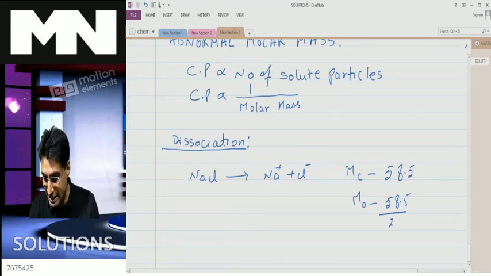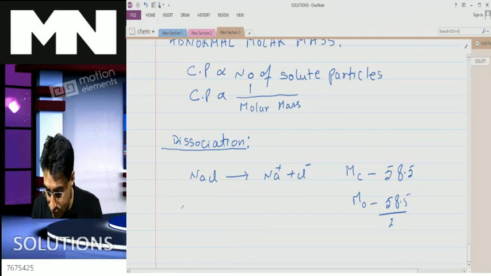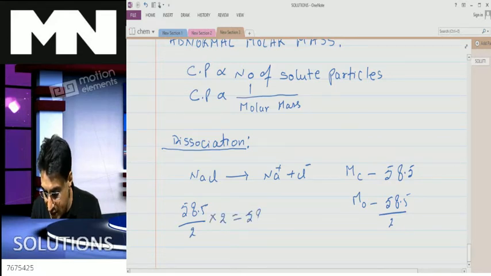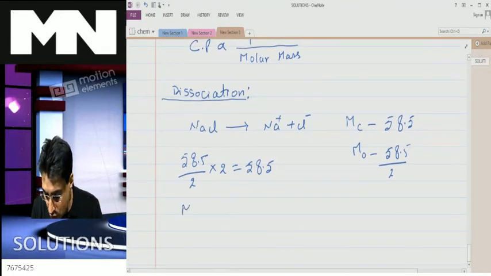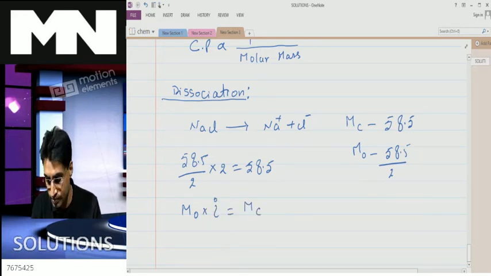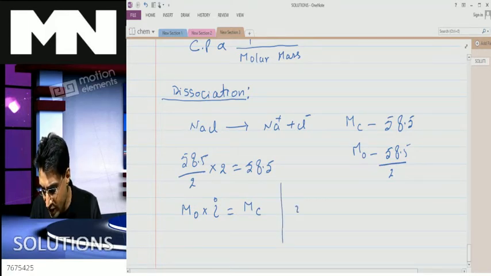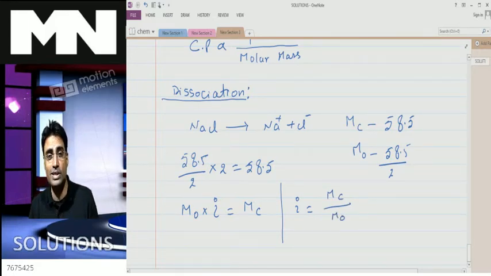If I multiply 58.5 by 2, I will get 58.5. That means if I multiply the observed molar mass with Van 't Hoff's factor, I will get the correct molar mass. So I can say Van 't Hoff's factor is the correct molar mass upon the observed molar mass. This is in terms of molar mass.